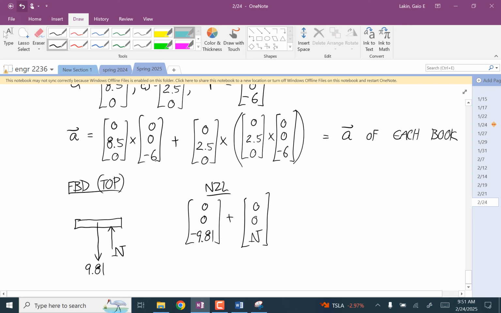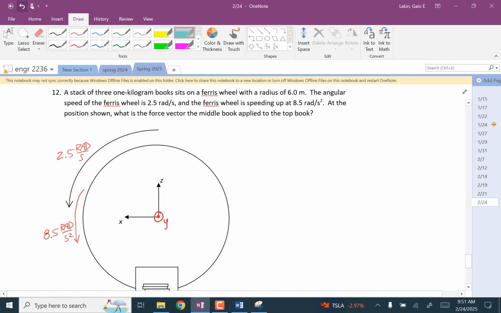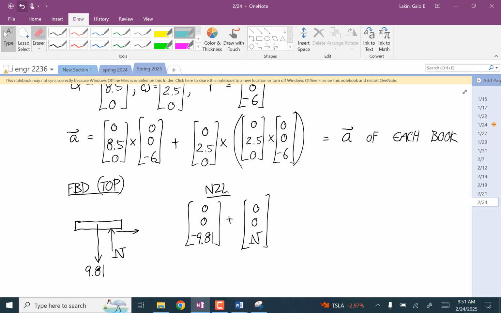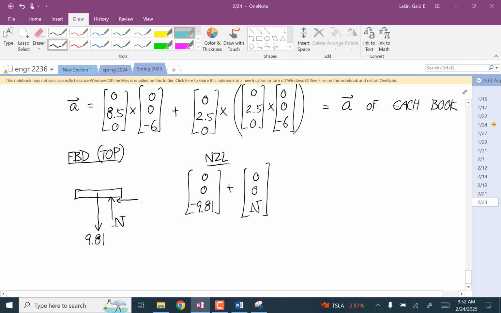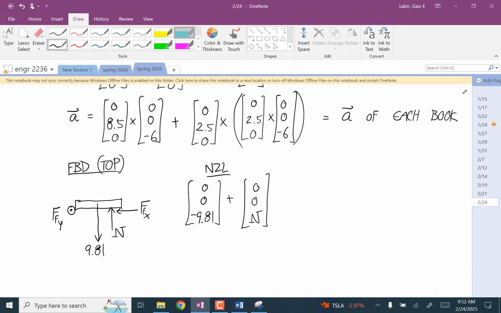We also have friction here. So that is, I'll put it in the positive X direction. So let's say this is Fx, and then I guess we also would potentially have a force of friction Y. So we have Fx, Fy, 0.